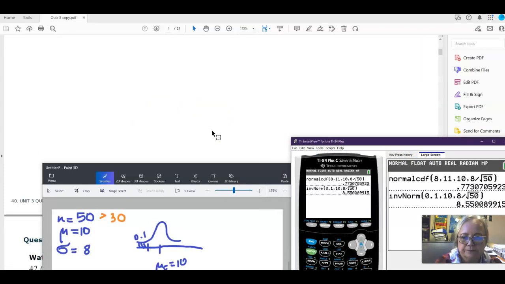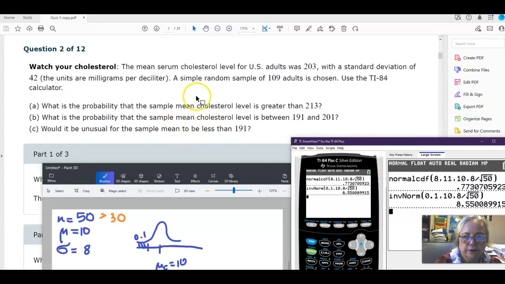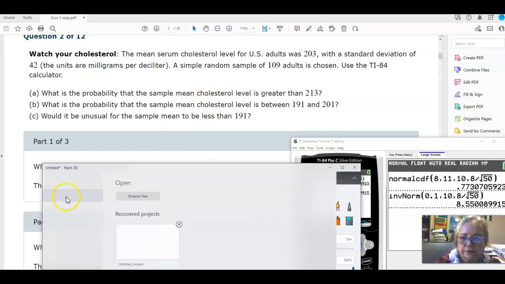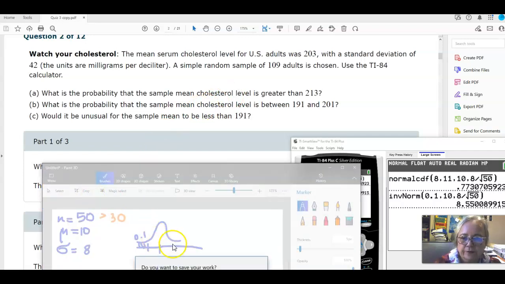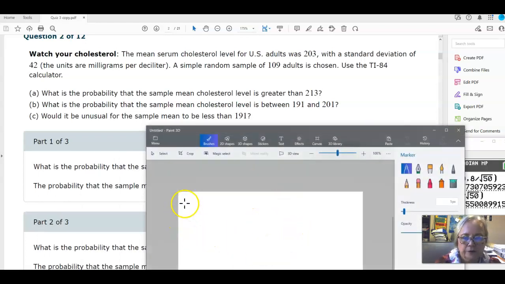Next question. Watch your cholesterol. The mean serum cholesterol level of US adults was 203. So we're going to start here by writing the data and putting all the information conveniently in one place.